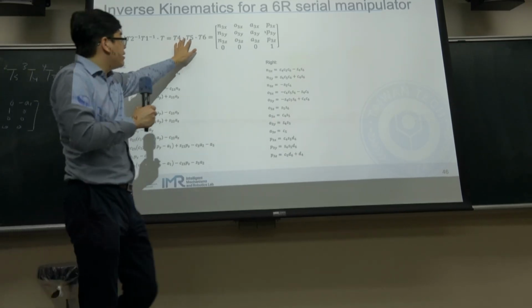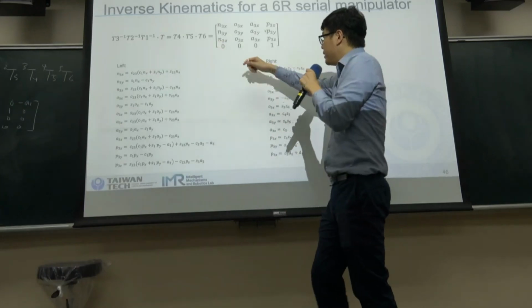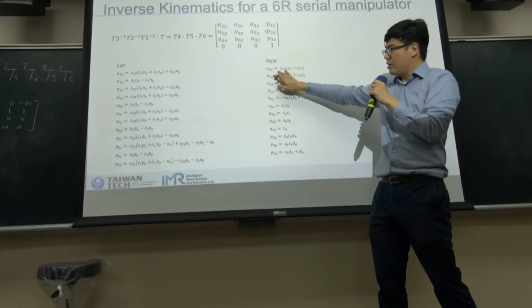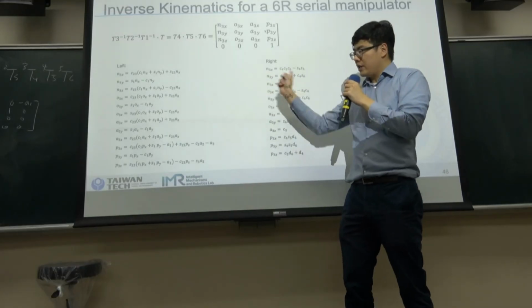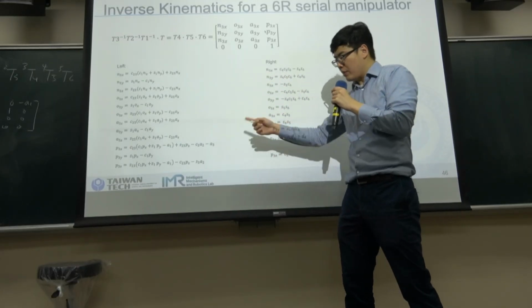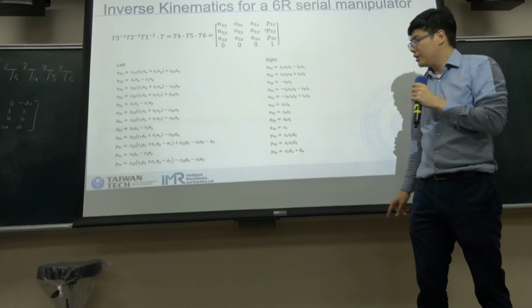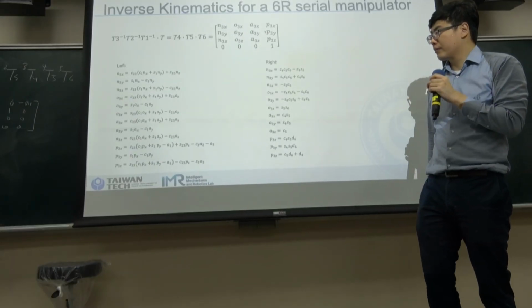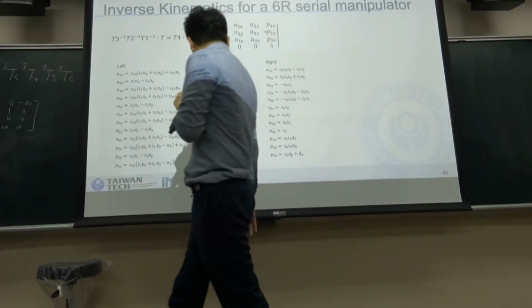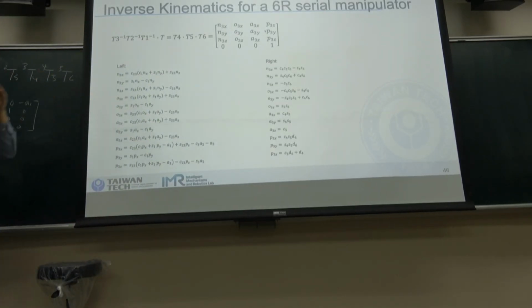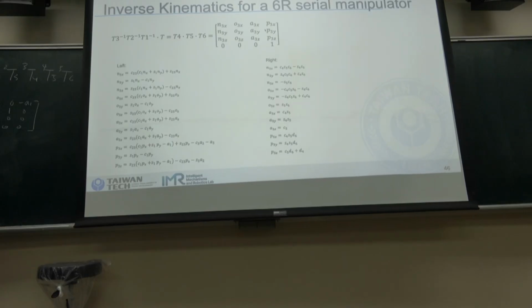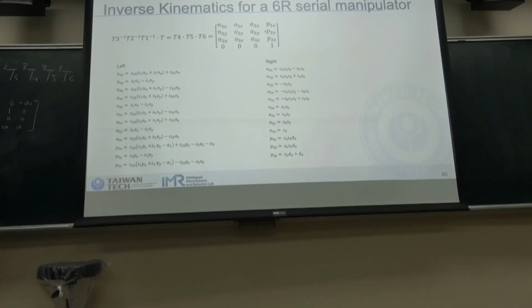On the right-hand side, T4 times T5 times T6, the 12 elements are equal to here. So we are just finding the relationship and trying to eliminate the unknowns.